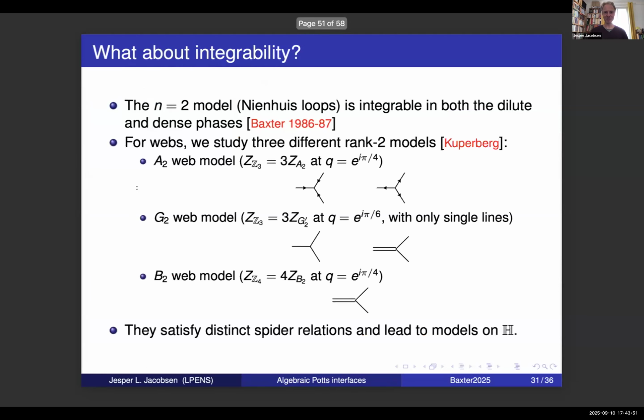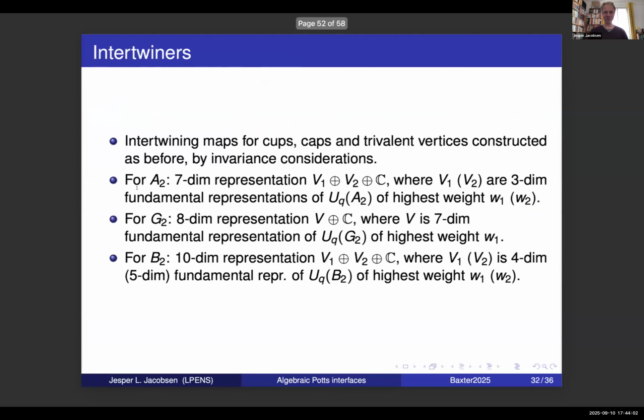The loop model is integrable, as shown in particular by Baxter in an elegant series of 2 papers. For the webs, we can do something rather technical.